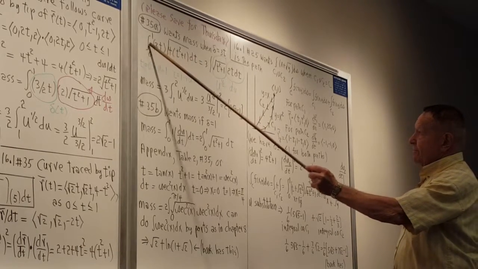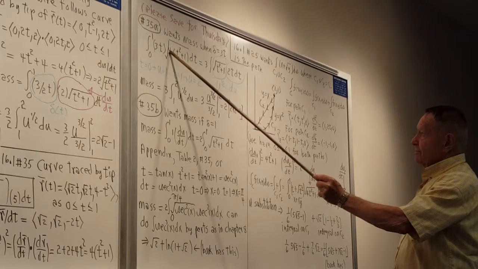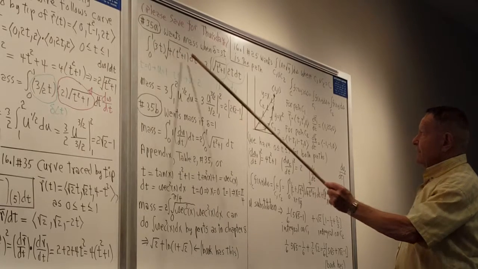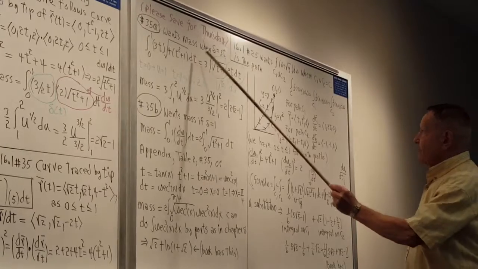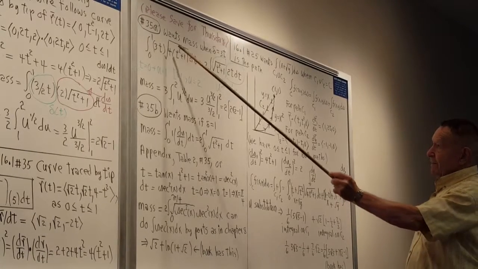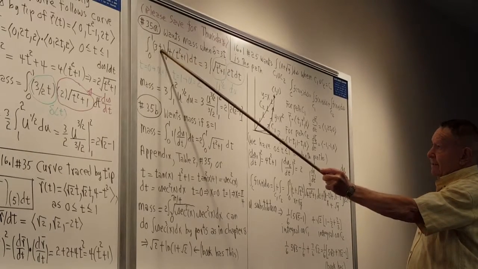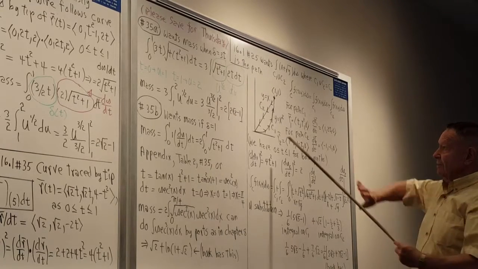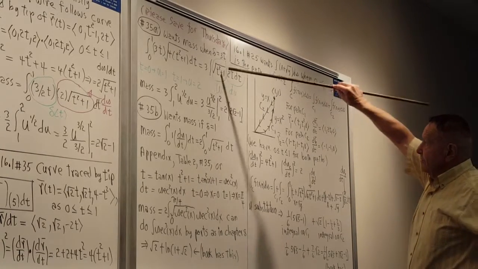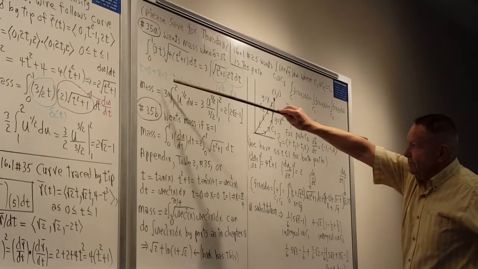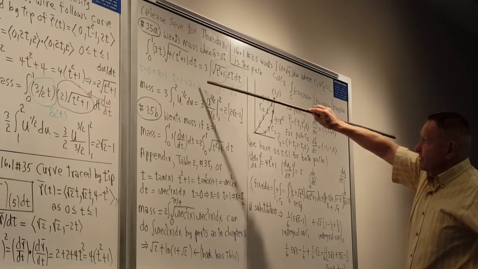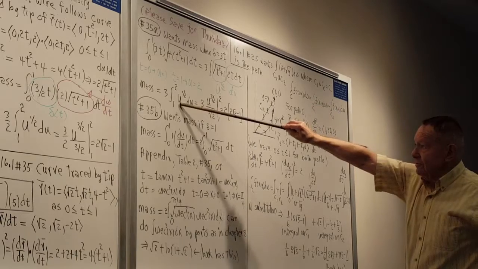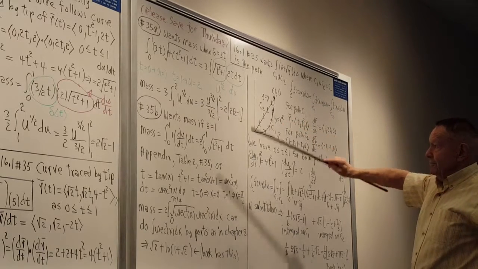If you factored the 3 out and took the square root of 4 as 2, then you have square root of t squared plus 1 and 2t dt, so you have u to the 1/2 du. If you're saying that u is t squared plus 1, change your limits to limits on u and work that out.